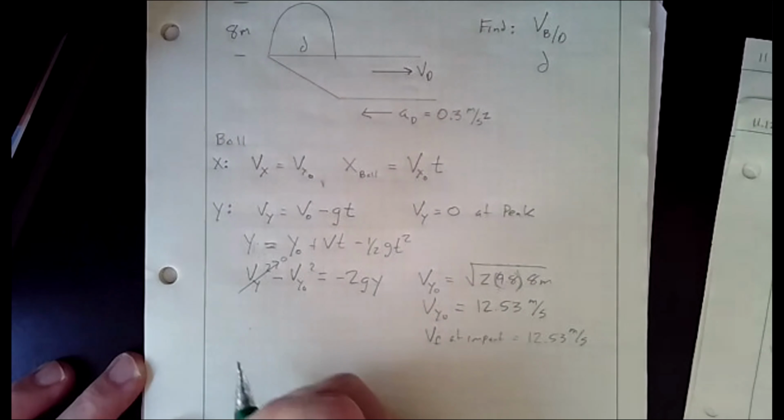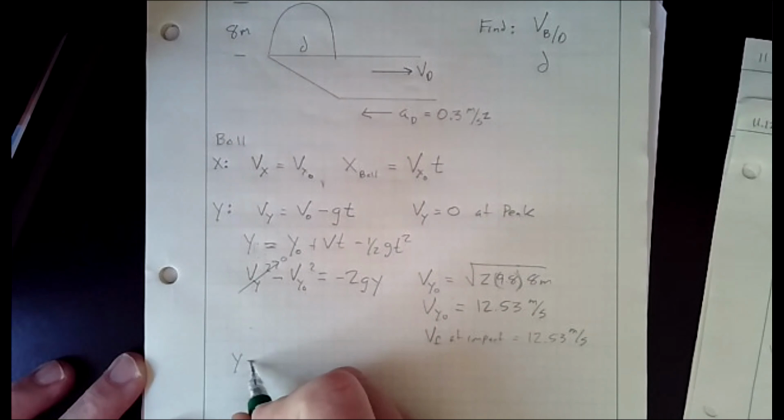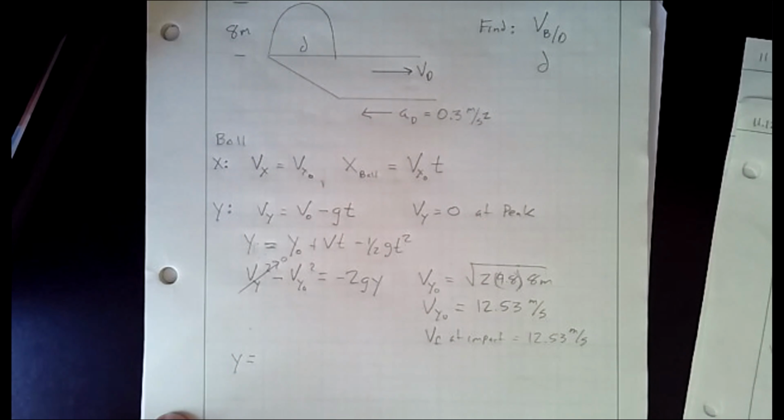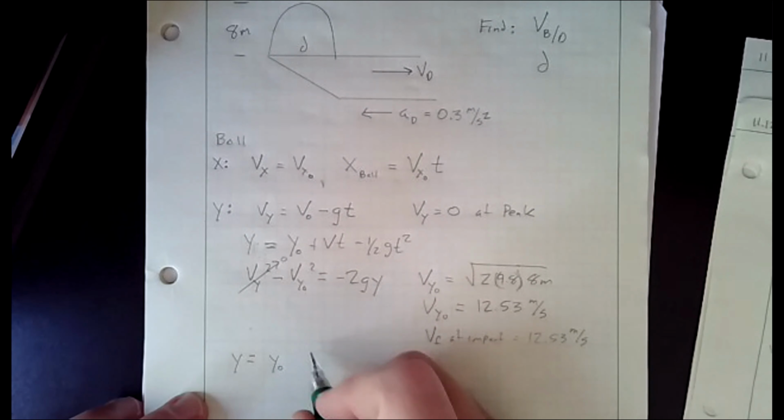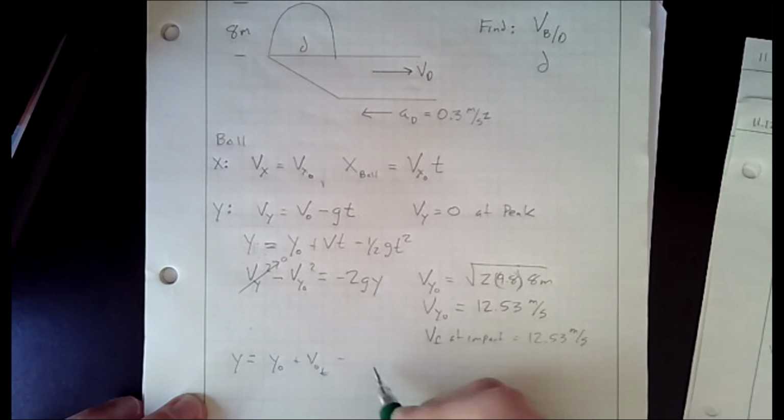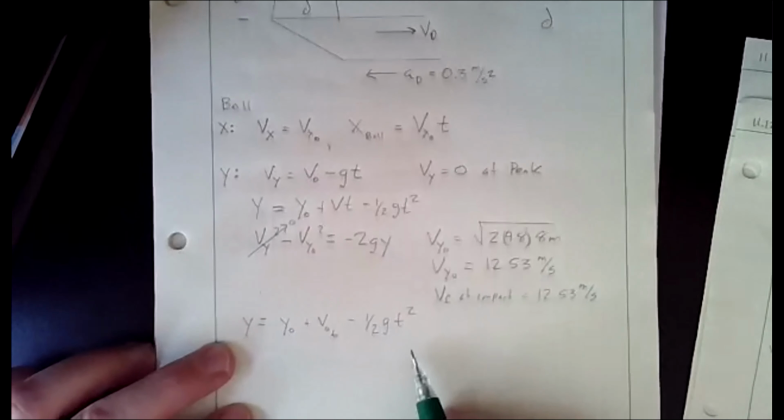And so we go back to our equation y equals y naught plus v naught t minus 1/2 g t squared, right? So then we're just using our equation.